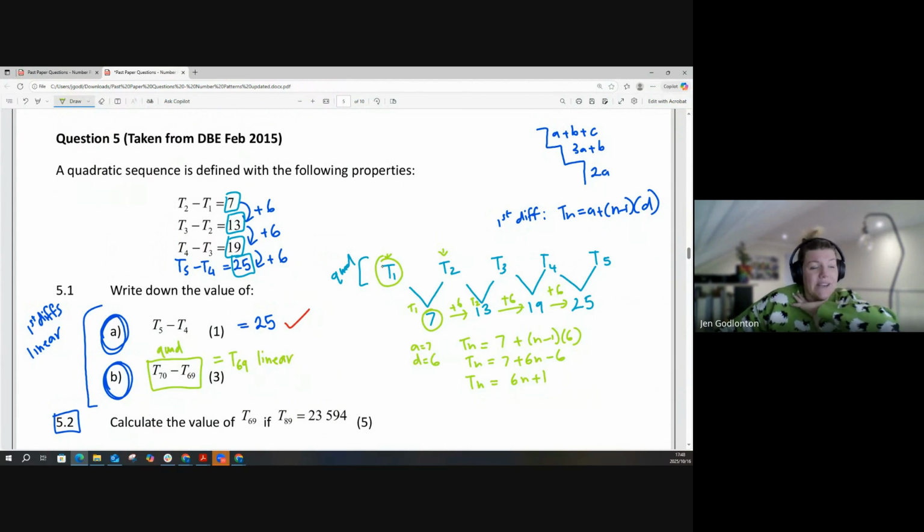So we want n equal to 69. T of 69 is equal to 6 times 69 plus 1, and that gives us 415. 3 marks for that one.